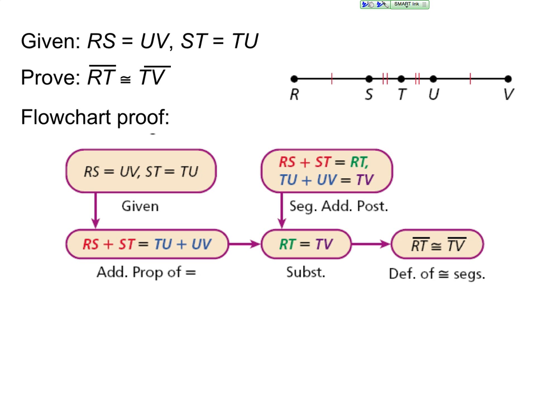I would say this would probably be statement 1, reason 1. Statement 2, reason 2. Statement 3, reason 3. Statement 4, reason 4. Statement 5, reason 5. Okay, that's a flowchart.